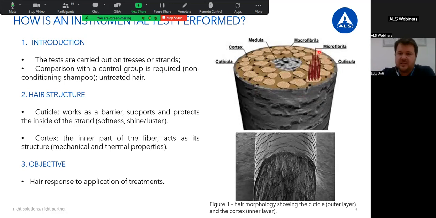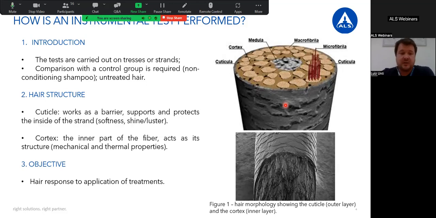When you look at the image of a hair fiber, you can see that the cuticle is the outer layer of the hair fiber, works as a barrier, and protects the structure of the hair fiber. Most of the properties of the hair that we measure from the cuticle are related to softness, shine, luster, something like that, sometimes even frizz.